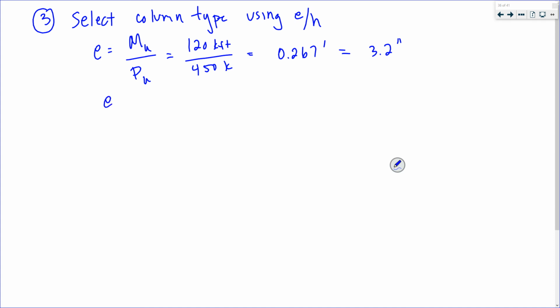Our e over h would be that eccentricity of 3.2 inches over our 16-inch column dimension.